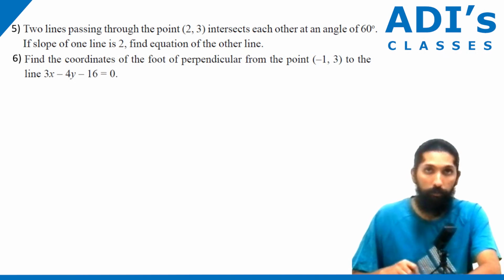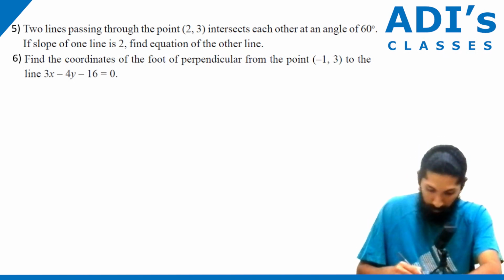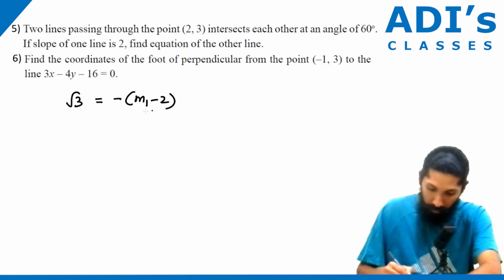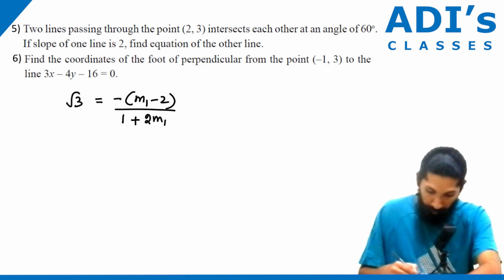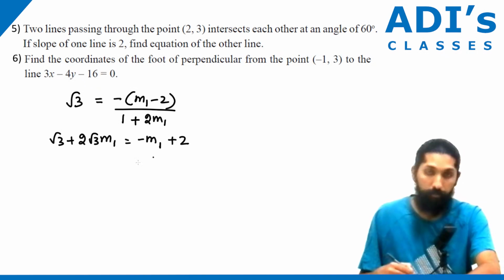What you're going to have when we do the negative is that root 3 is equal to minus of (m1 minus 2) divided by (1 plus 2m1). Correct? Now cross multiply: root 3 plus 2 root 3 m1 is equal to minus m1 plus 2.